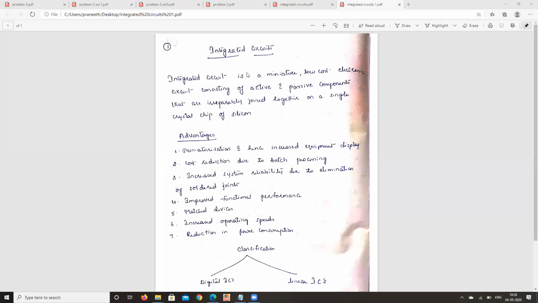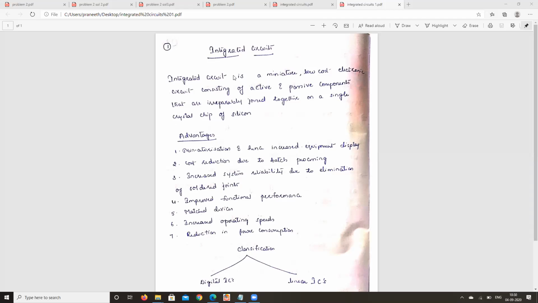So here you have the definition somehow. An integrated circuit is a miniature, low-cost electronic circuit consisting of active and passive components that are irreparably joined together on a single crystal chip of silicon.